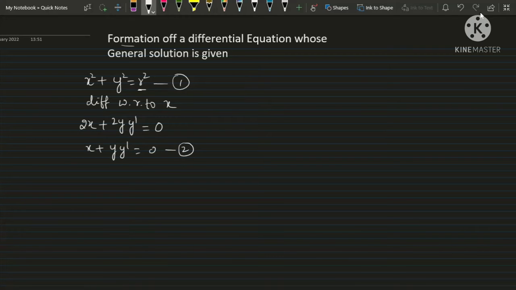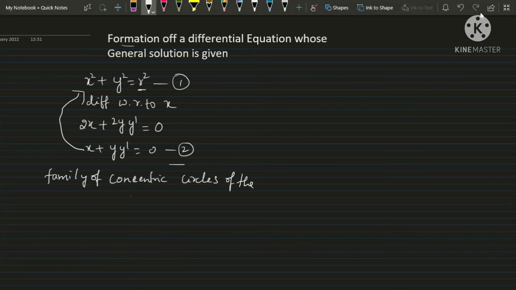Then what does equation 2 represent? Equation 2 represents a family of concentric circles of the type 1.